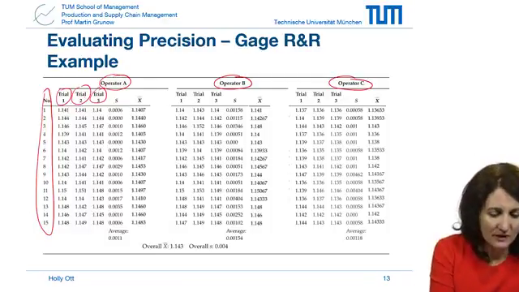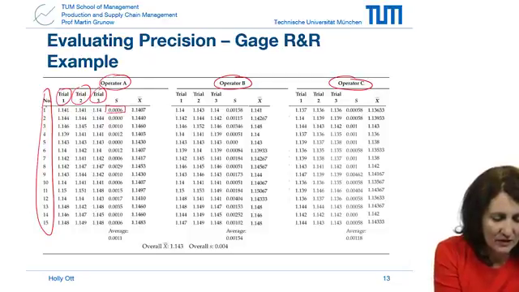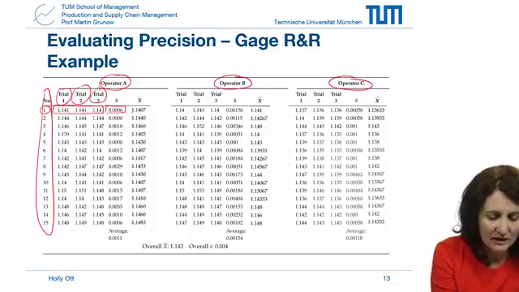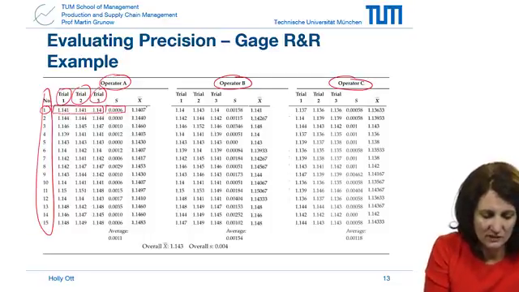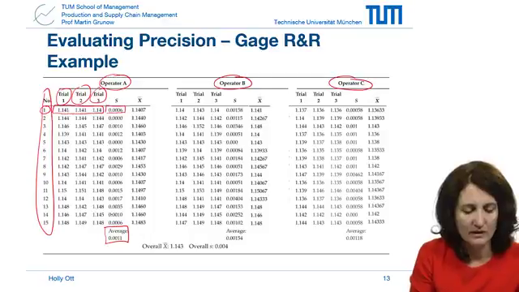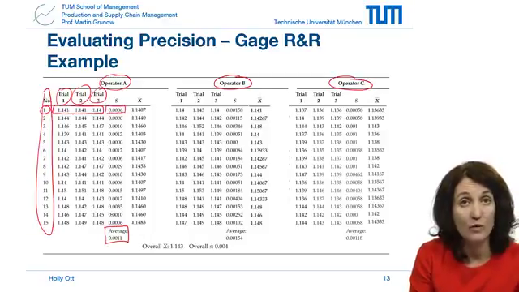Now, again, we're not going to evaluate all the data, but we can calculate the sample standard deviation. For example, here is the sample standard deviation for operator A, part number 1, and these 3 trials, and various other statistics. We can also calculate the overall sample standard deviation for that operator for all the different parts that they've measured.